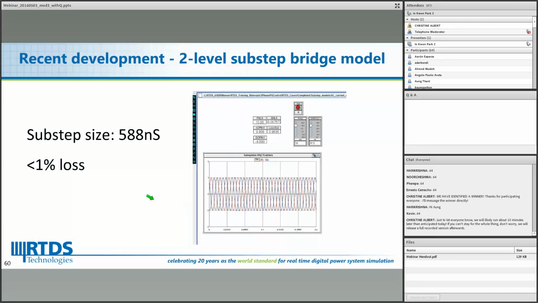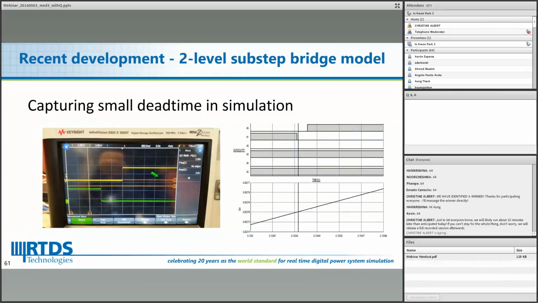So for example, we can achieve such a small time step as 588 nanoseconds by using this substep 2-level bridge model. And this 2-level bridge model is based on true switching. That means we don't need to worry about the fictitious loss coming in the small L, small c switching technique. The benefit of having such a small time step is that it allows us to capture very short time frame events, such as a true dead time.